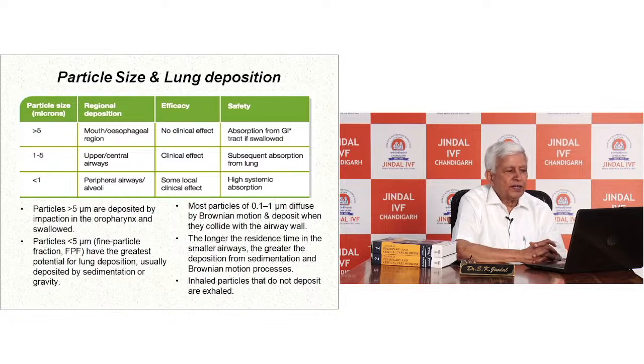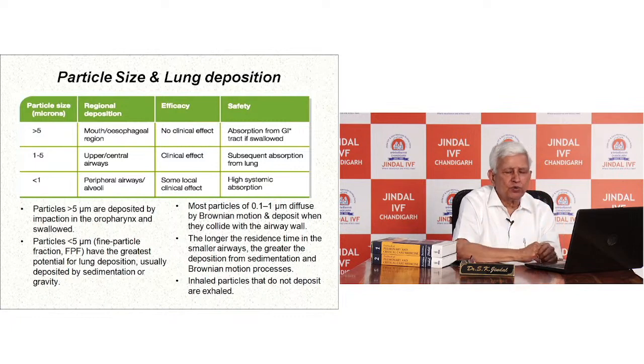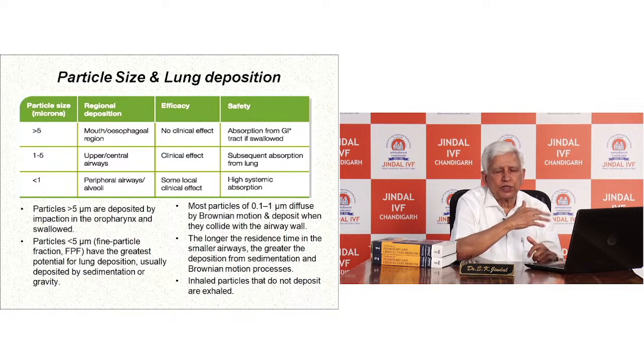Particles which are more than 5 micron are deposited by impaction in the oropharynx, so they do not even get inhaled into the respiratory tract. Larger particles, like dust from air pollution, are mostly deposited in the oropharynx and do not reach beyond the vocal cords, and are therefore swallowed into the GIT.